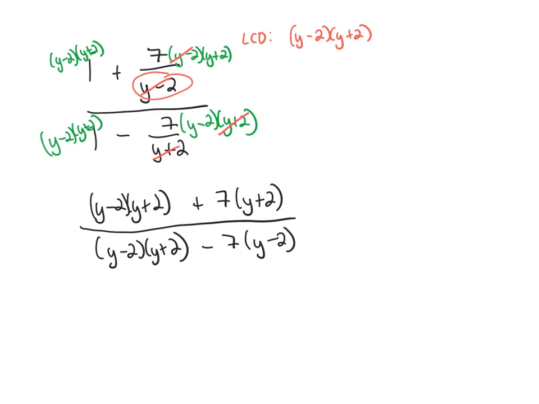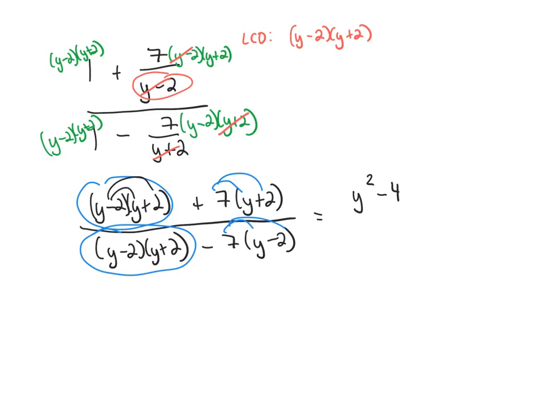So now I will FOIL the first two, or the first one in each top and bottom, and then I'll distribute the 7 and the negative 7 to the other two. So this one's going to become y squared minus 4, because it's y squared, then minus 2y and plus 2y, which cancel, minus 4. Plus 7y plus 14, all over y squared minus 4.